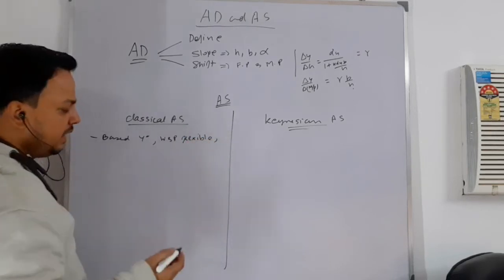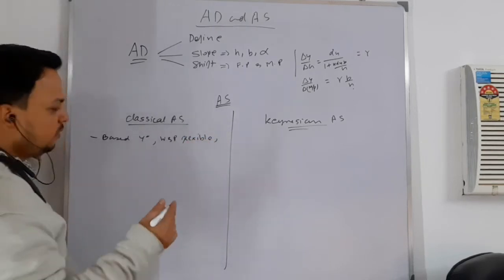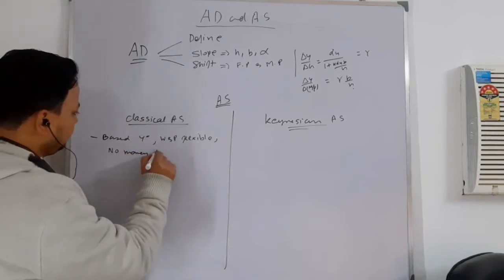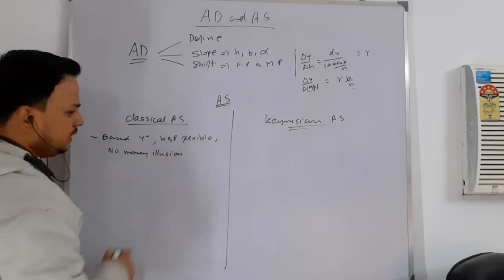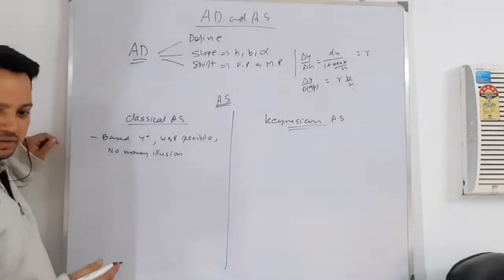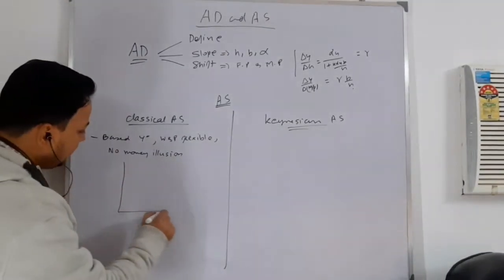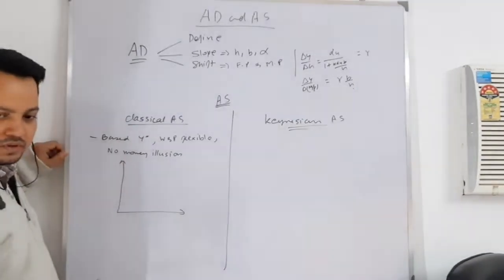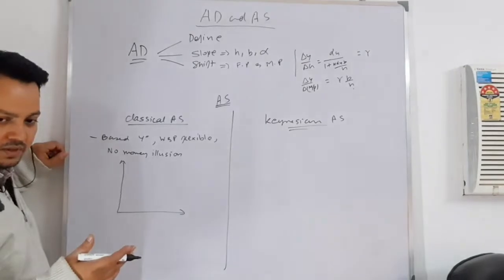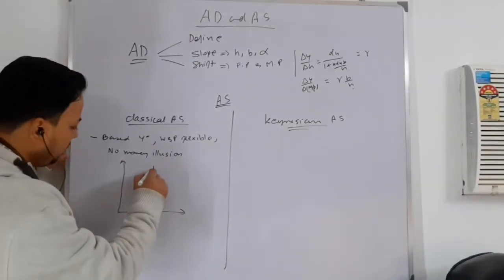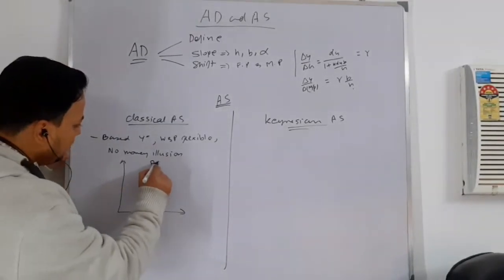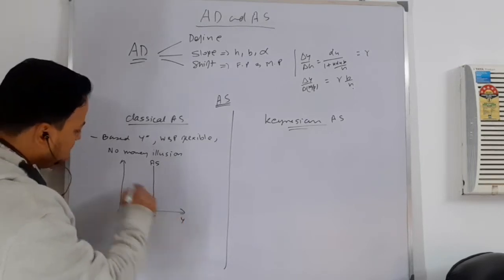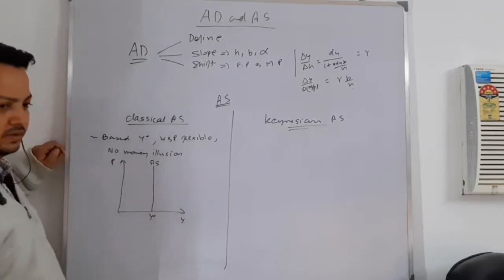Here agents, consumers and firms, have no money illusion. Supply creates its own demand. And here the supply side factors, your labor force, stock of capital in the economy, and technology, determine your aggregate supply. Aggregate supply is vertical in the case of classical.